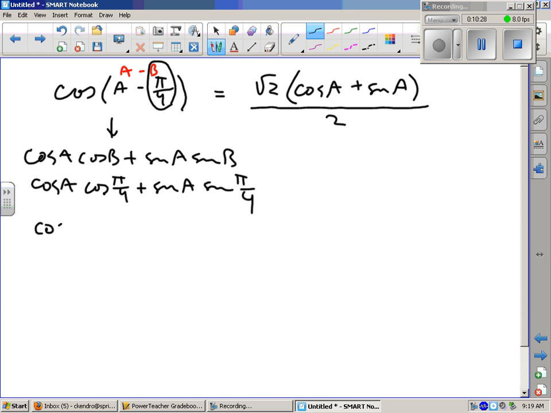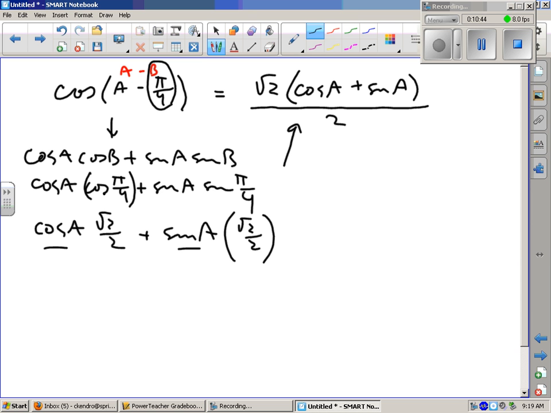Cosine of A we can't do anything with. Cosine of pi over 4 is root 2 over 2. Sine of A can't do anything with. Sine of pi over 4 is also root 2 over 2. Now we're very close. If you look up here, we've got the cosine of A, we've got the sine of A. It's just that these two don't quite look the same. But what we can do is take these two root 2 over 2's and factor them out front.